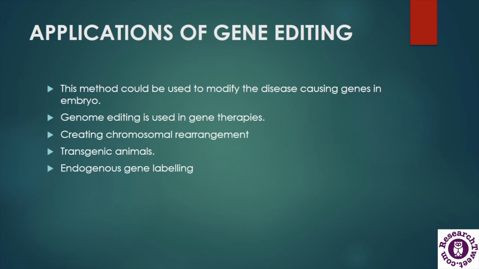There are several genetic disorders like diabetes, thalassemia and many other genetic diseases which are inherited by offspring from their parents, and these are diseases caused by point mutations and several mutations in the genes of the particular organism. With the help of gene editing, the disease causing genes can be modified or replaced by proper genes.